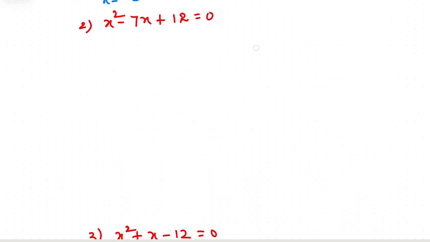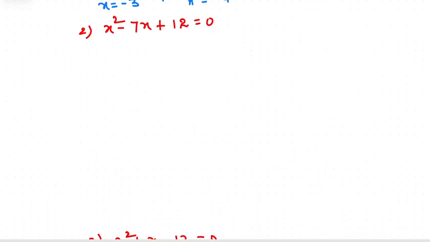Now coming to one more question. Here a value 1, b value minus 7, c value 12. Now multiply AC. 1 into 12. So both A and C are positive, therefore we are having positive 12.